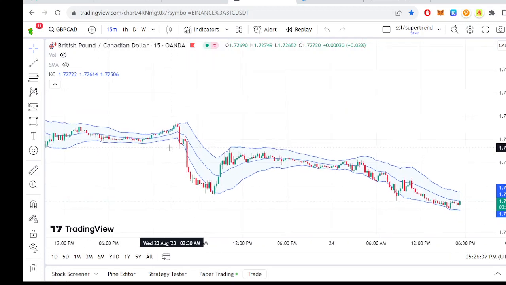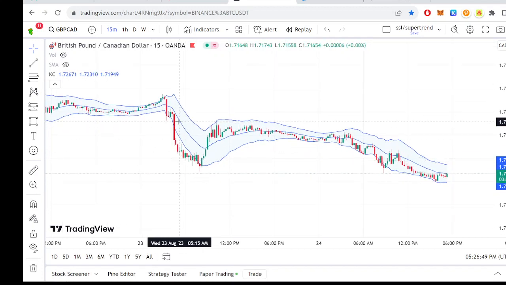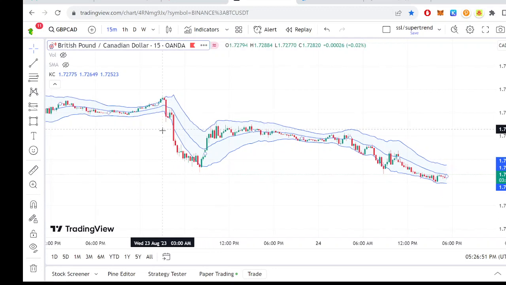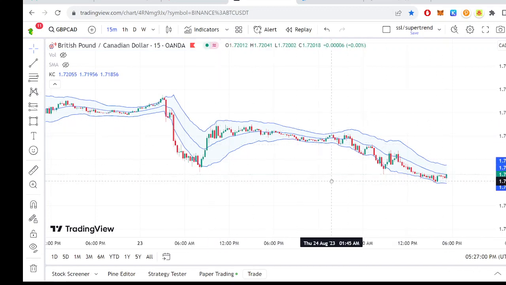And then look at this. We come out, we break just a tiny bit, but we don't break the halfway, and then we reject straight off of it. You could have taken this short from the Keltner channels. And look, we don't break above the Keltner channels over here, so you know you're safe to stay in your short.